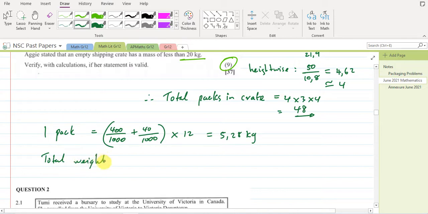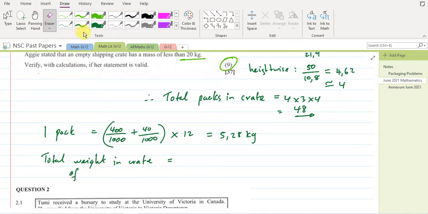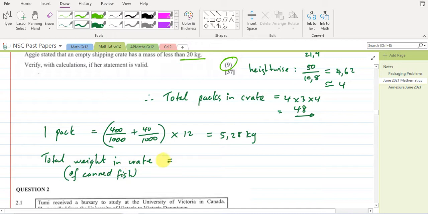So the total weight of canned fish in the crate is 5.28 kg times 48 packs.